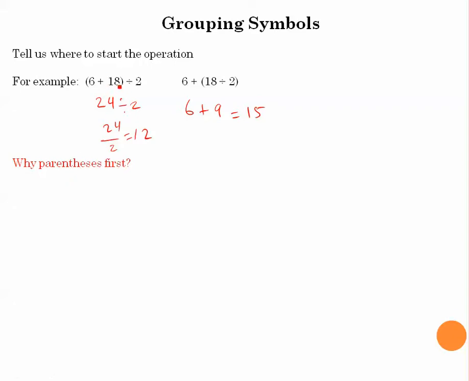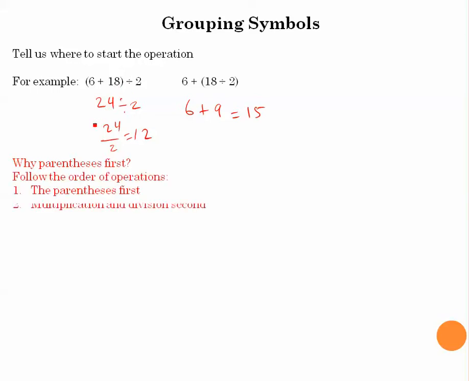Why do we start with parentheses first? Because we have something called order of operations, which forces us to start with parentheses, then multiplication or division, then adding or subtracting. If you don't have parentheses, multiplication and division would be your first option. Example, 12 plus 16 divided by 2 minus 1 times 3.